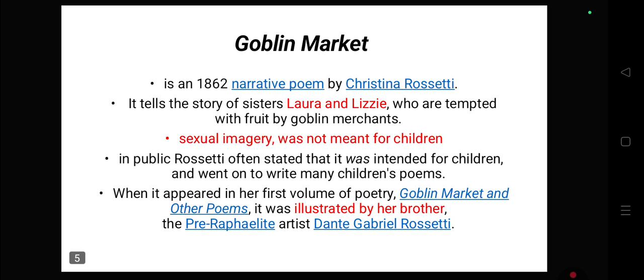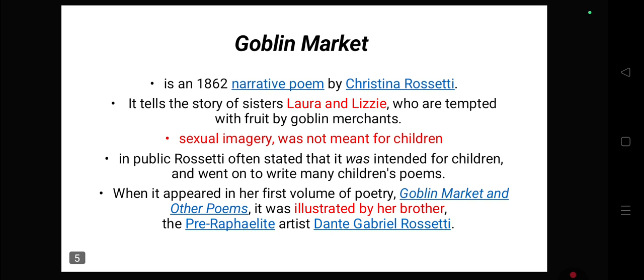This is how sometimes people behave in a dual character. In public, Rossetti often stated that it was intended for children and went on to write many children's poems. Since she had to write children's poems, she tried to convey in public that it was for children, but it was not.